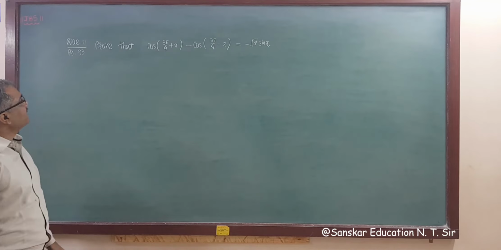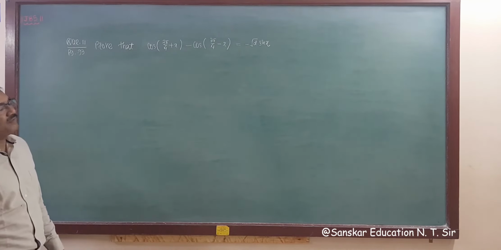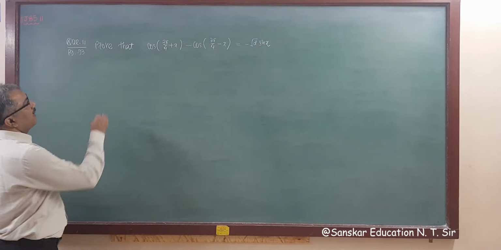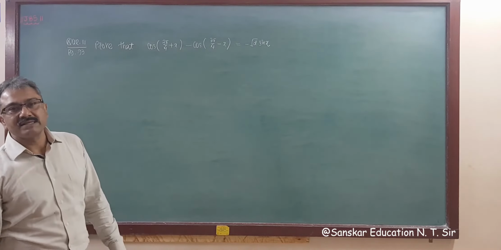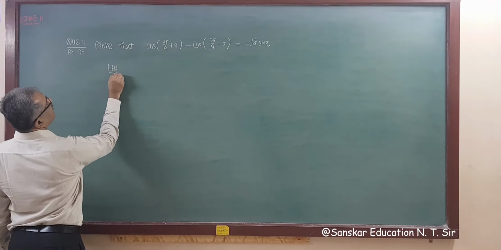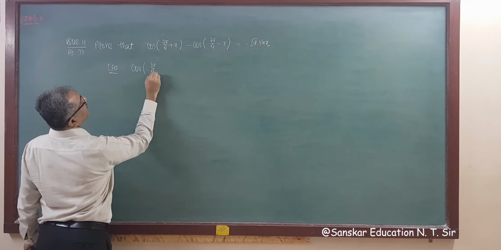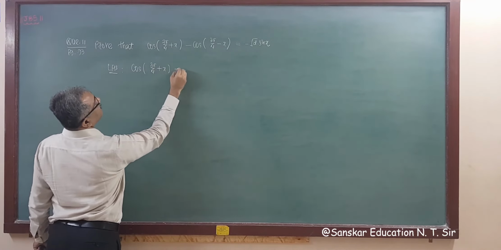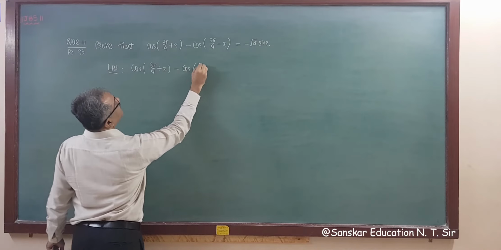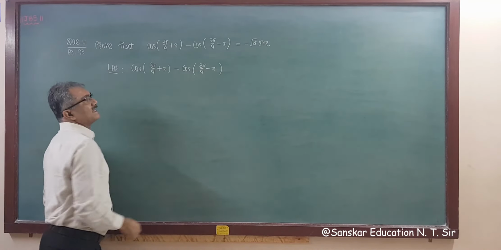Question 11, page 73, prove that cos(3 pi by 4 plus x) minus cos(3 pi by 4 minus x) is equal to minus root 2 sin x. So taking left hand side, it is cos(3 pi by 4 plus x) minus cos(3 pi by 4 minus x).